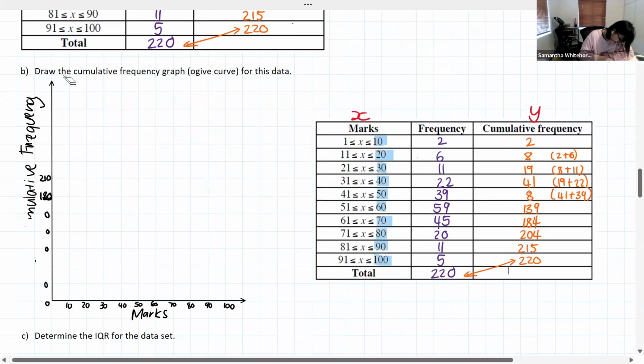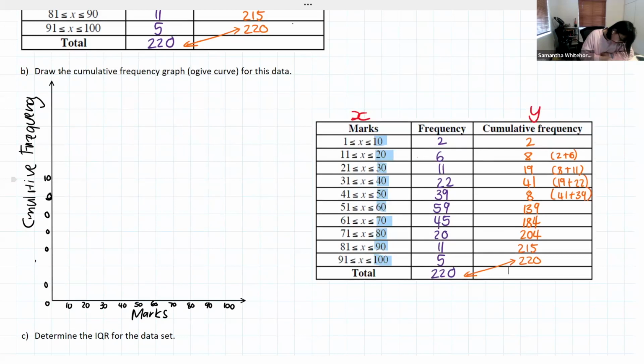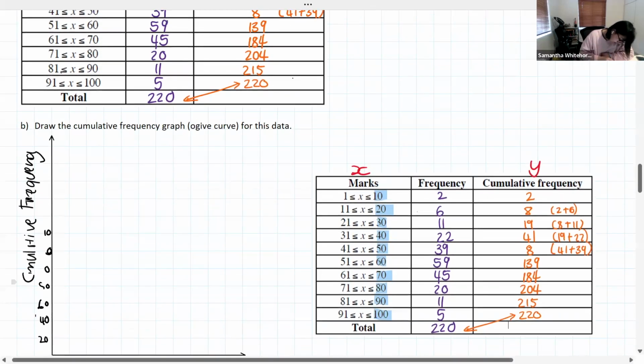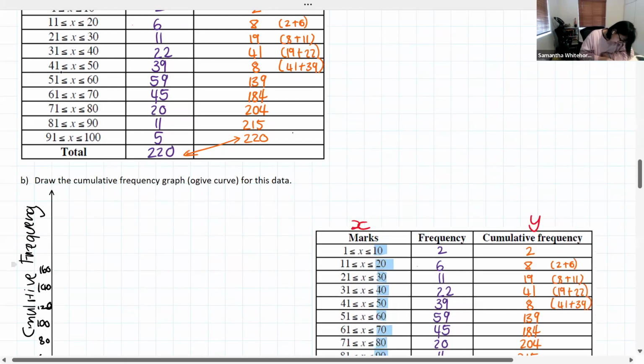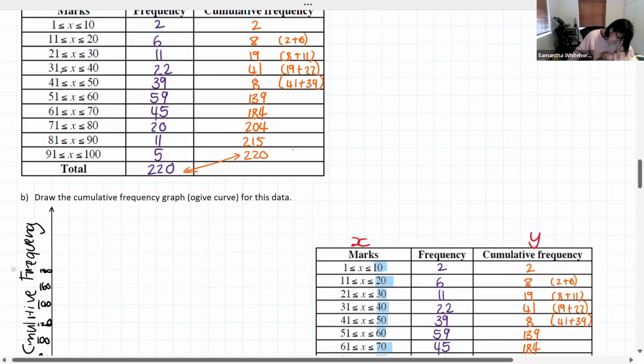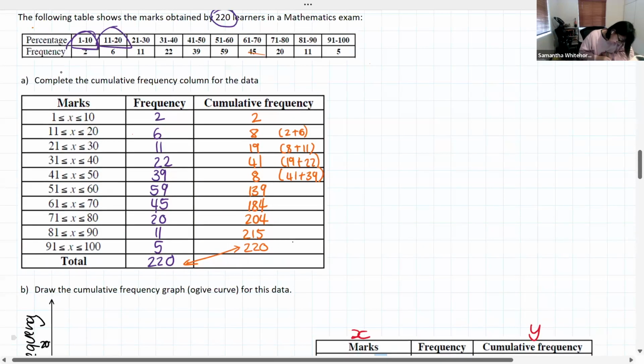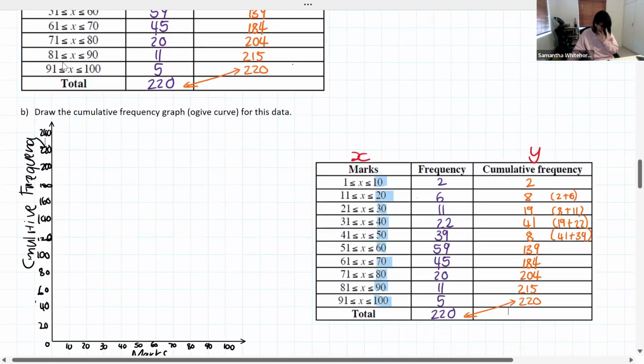Maybe I went up in 20s. Otherwise, we're just going to go with this. 20, 140. Okay, so I went up in 20s.